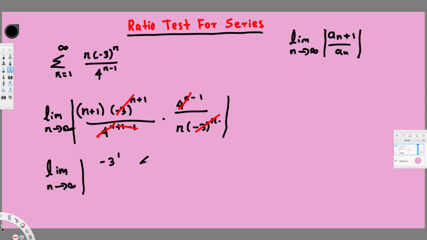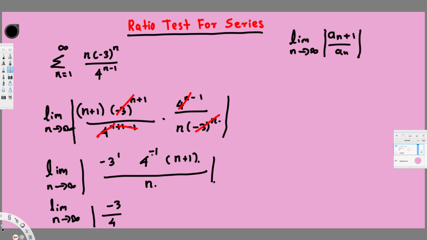In the numerator we have n plus 1 that's not cancelled, and in the denominator we only have n left. 4 to the power minus 1 is the same as 1 over 4, so we can write the limit as n approaches infinity of minus 3 over 4, bringing the 4 to the bottom, and in the numerator n plus 1, in the denominator n.